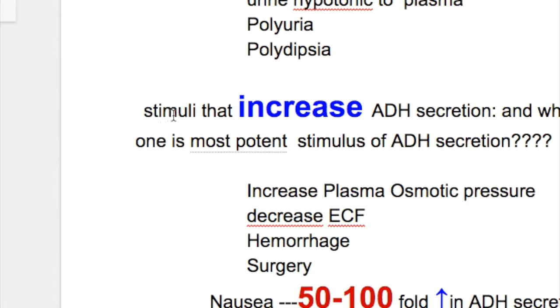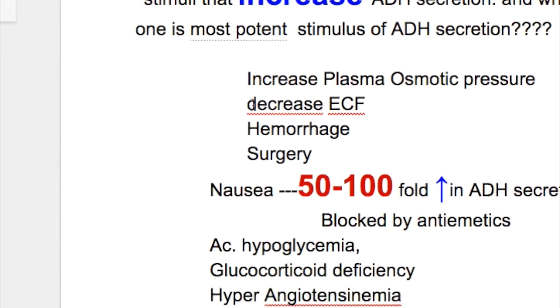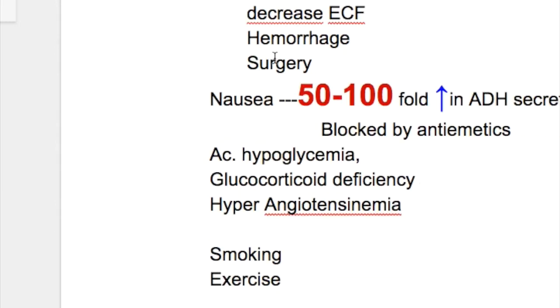So what are the stimuli that increase ADH secretion, and which of them is the most potent stimulus? The stimuli that increase ADH secretion are increased plasma osmotic pressure, decreased ECF volume, hemorrhage, and surgery. Nausea is the most potent stimulus for ADH secretion.